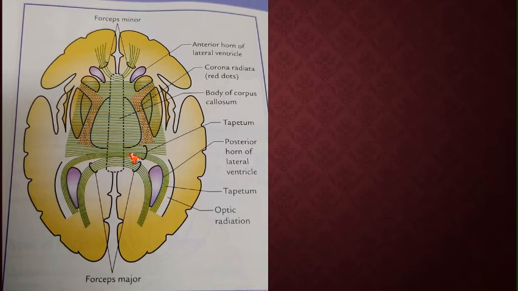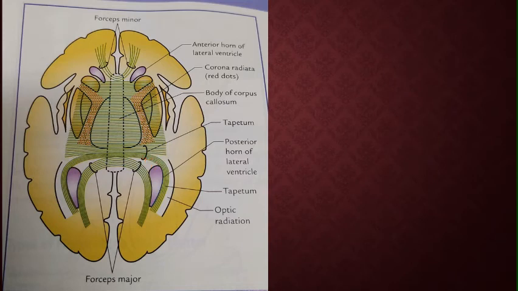Tapetum means the thin lamina of white fibers which forms the roof and lateral wall of the posterior horn and the lateral wall of the inferior horn of lateral ventricle. The tapetum is formed by those fibers of the trunk and the splenium of corpus callosum which are not intersected by the fibers of corona radiata.